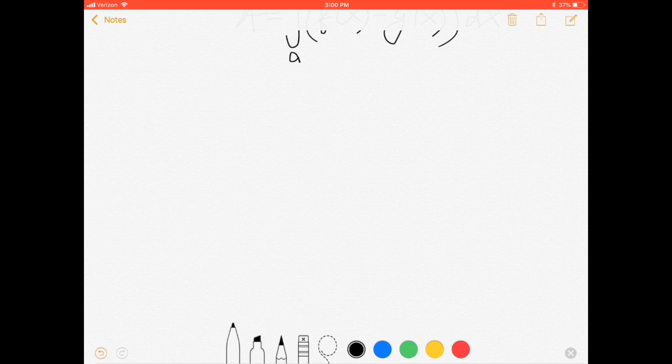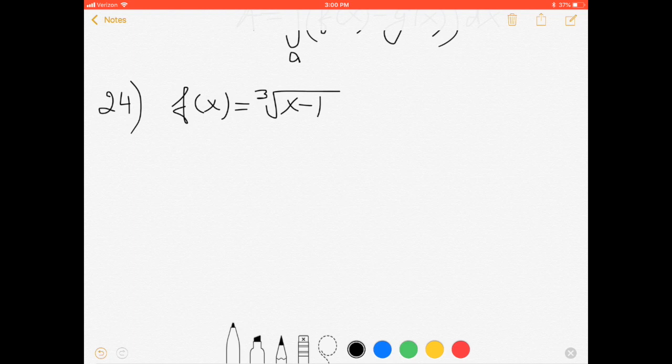Doing some examples, and we can solve our problem. For example, number 24. Here my function f(x) is the cube root of x minus 1, and my function g(x) is only the linear function x minus 1.